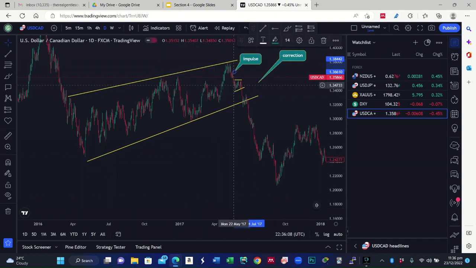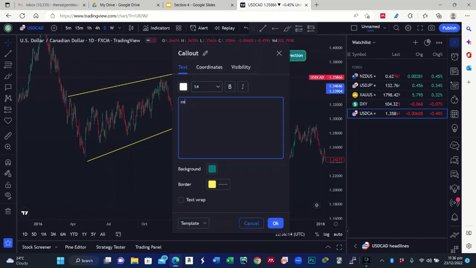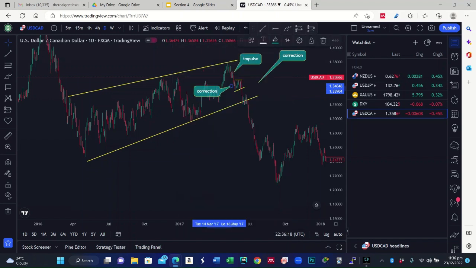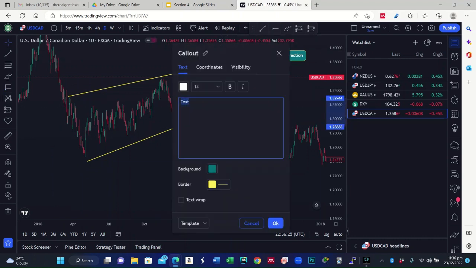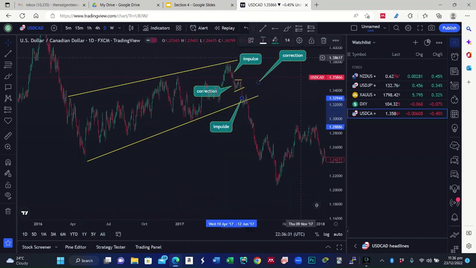This is an impulse. This is a correction. Then this is another impulse. I hope you are getting it now.